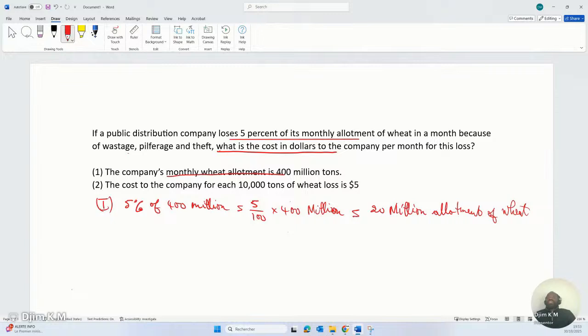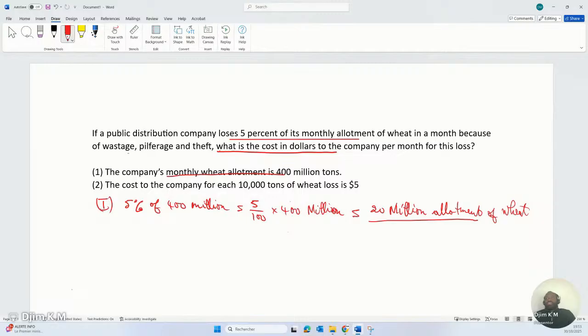But what does it represent in terms of dollars? Okay. So what is the value of 1 ton? Okay.